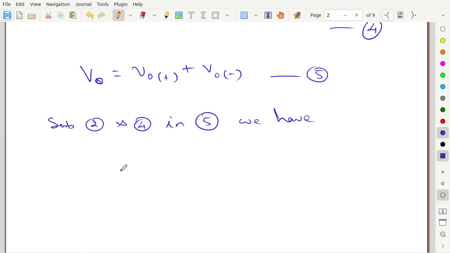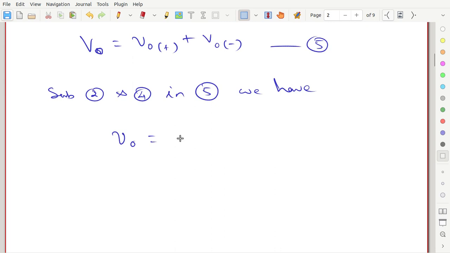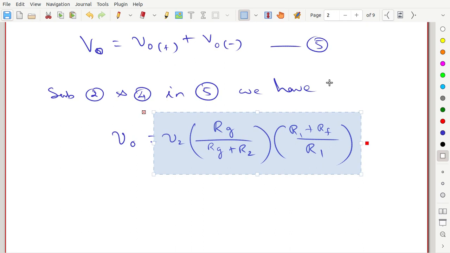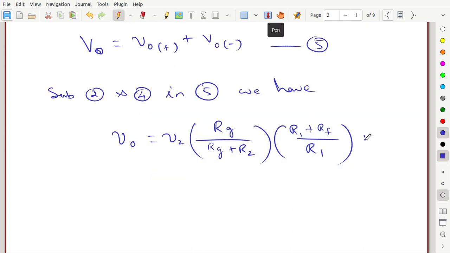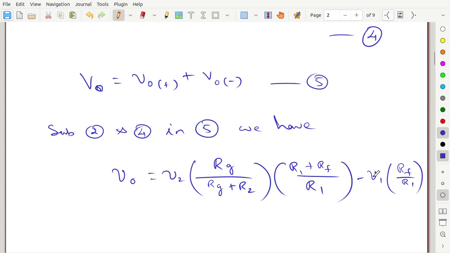Substituting, we have the differential output V out equal to this one, let me copy this one, plus minus V1 times Rf by R1. This is the output voltage due to the inverting terminal.